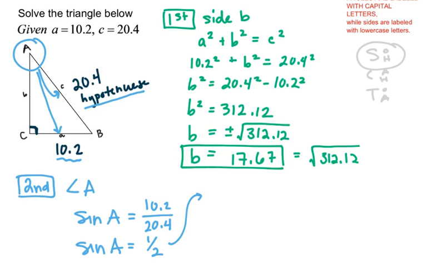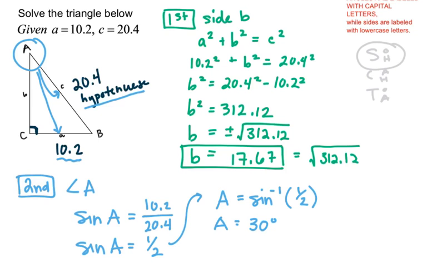However, if we were solving it algebraically, we would take that sine and move it over to the other side, and say sine inverse of 1/2. If you type that into your calculator in degree mode, not radian mode, you're going to get 30 degrees. So A is 30 degrees.